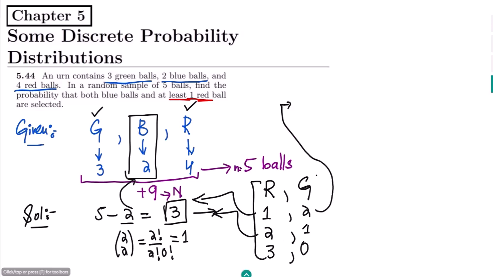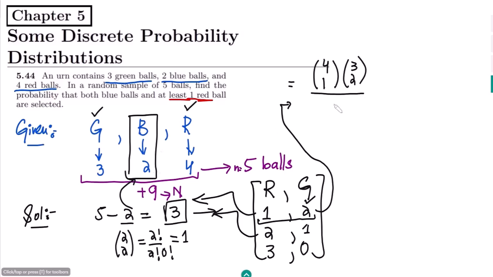For these conditions, we will have either this situation, and for it we will have the red ones. The total number of red balls is 4, and the other balls are green, so the total number of green balls is 3. From the 4 we have to select 1 red ball, and from the 3 we have to select 2 green balls as given here, and dividing it over what?